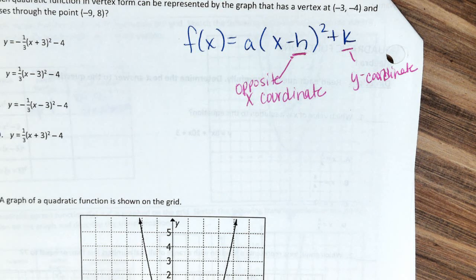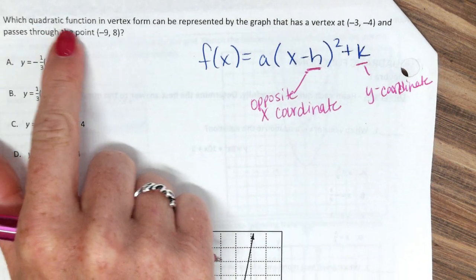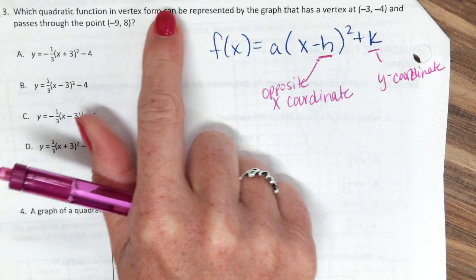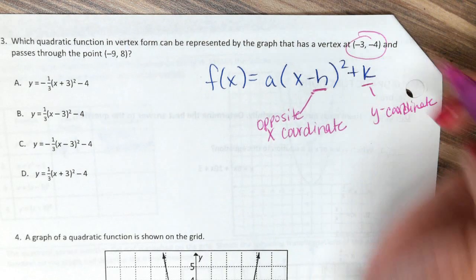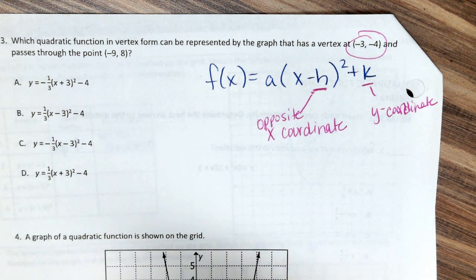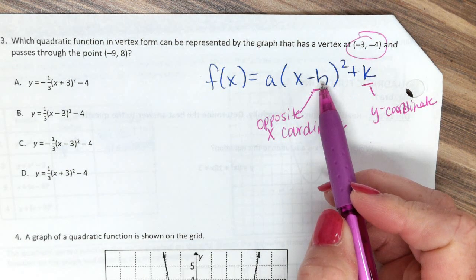Okay, so look at what they gave y'all. So this is the vertex, right? It says, which quadratic function in vertex form, so these are written in vertex form, can be represented by the graph that has a vertex here and it passes through negative 9, 8. Well, if it has a vertex here, this is going to be the x coordinate.